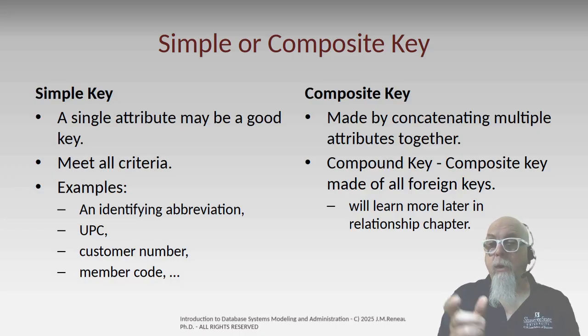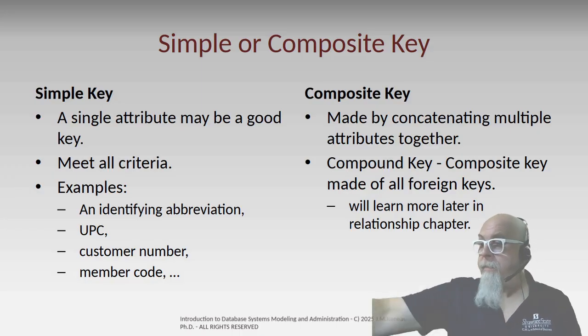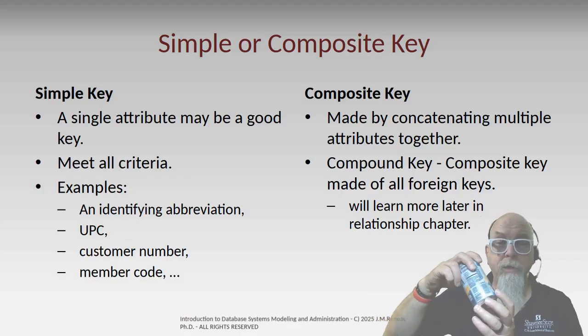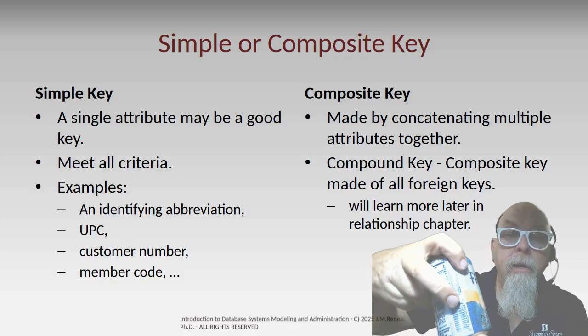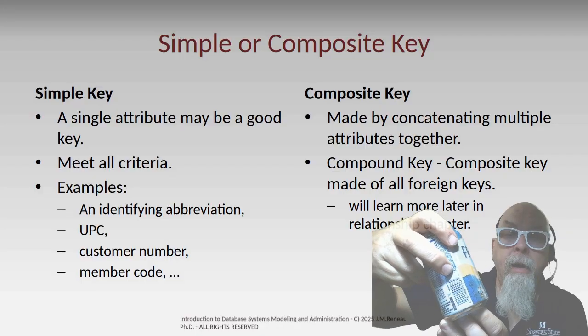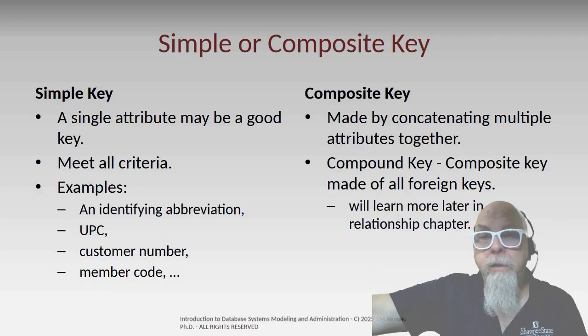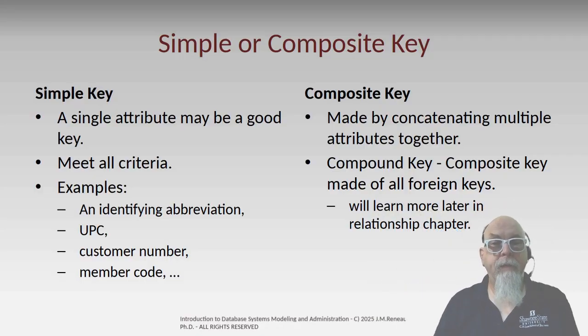A UPC code, the barcode on something, for instance, here's a can of soda, and there's that barcode. Would that be a great key? It's a great key because it uniquely identifies that item.